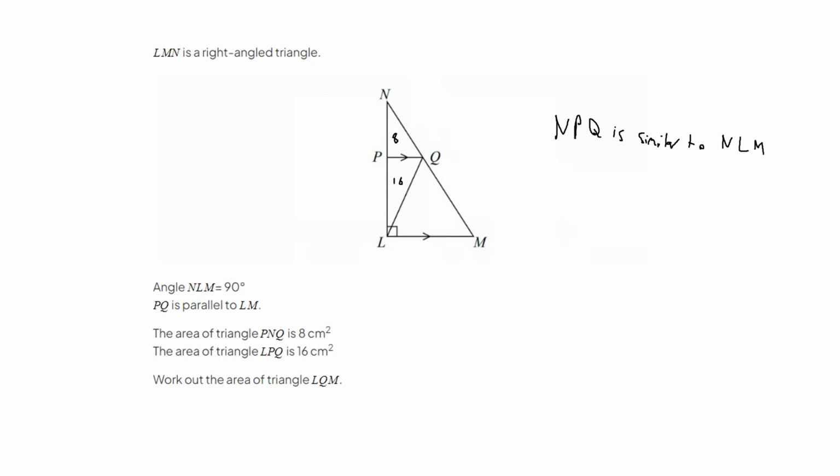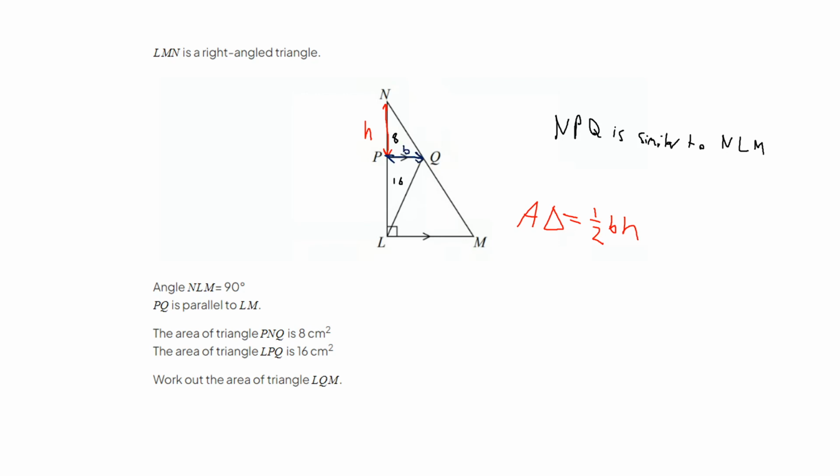Well, if you guys remember, the area of a triangle is equal to a half base times height, right? And if you guys can see that for this one, the height is, well, let's just call it h, okay? We can see that the base for each of them is the same, right?